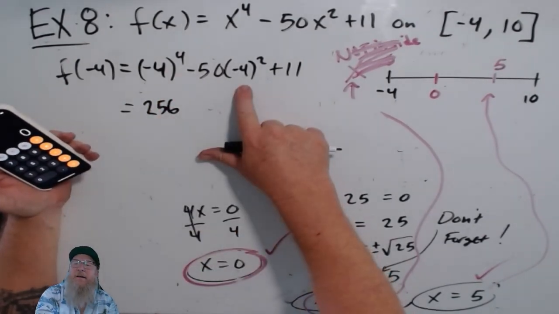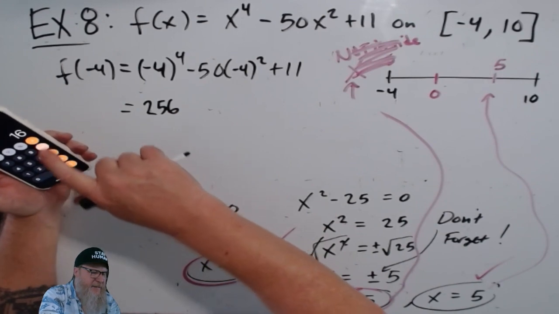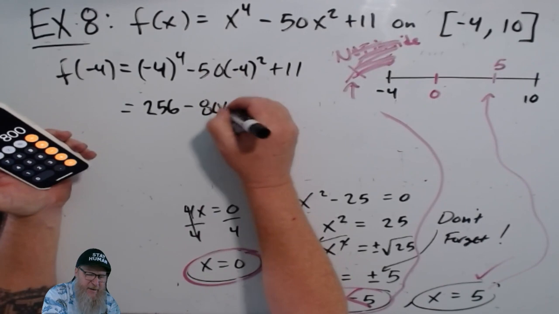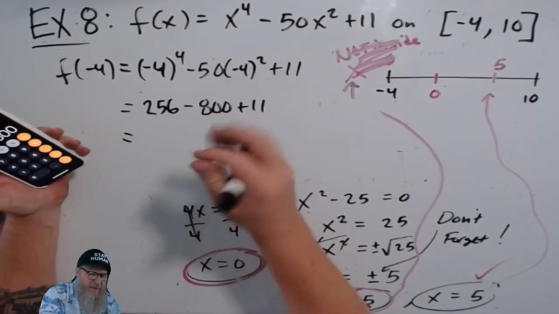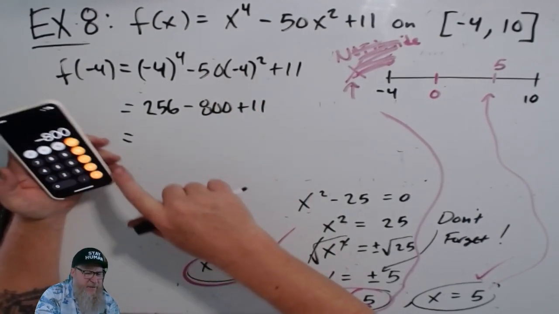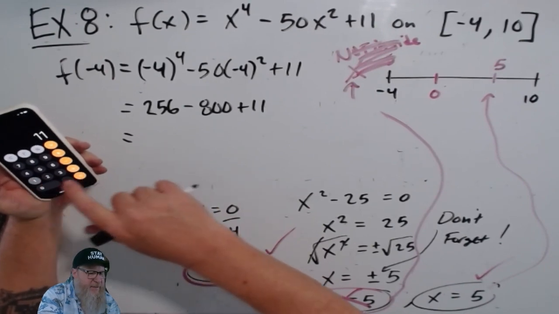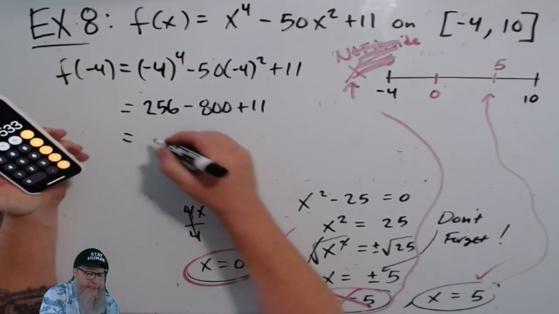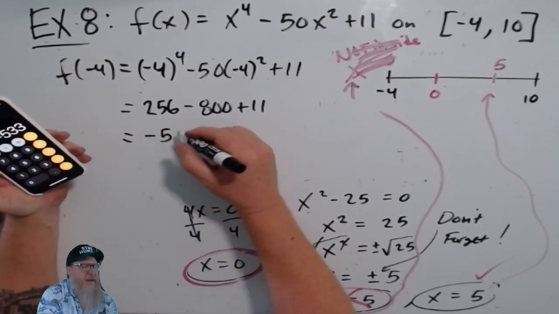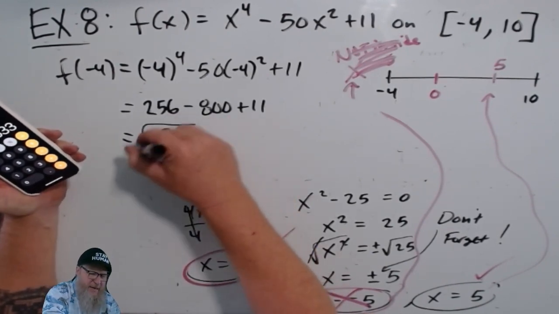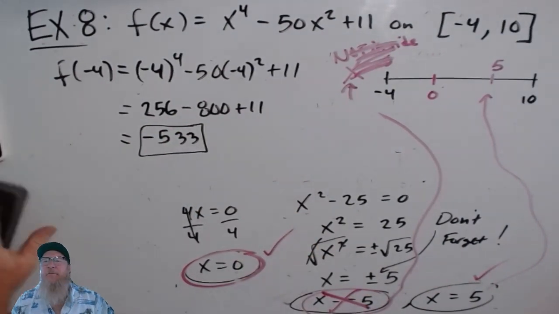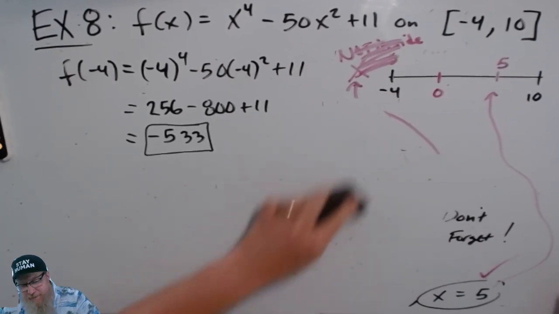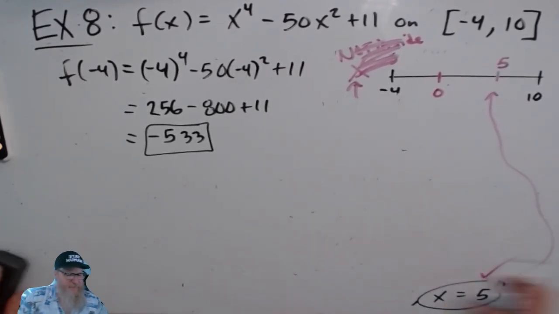Negative 4 squared is 16. 16 times 50, and that's a negative, so that's negative 800 plus 11. So negative 800 plus 11 plus 256 is negative 533. So far, that's the minimum. But you know, when you first start this, of course it's the minimum, right?